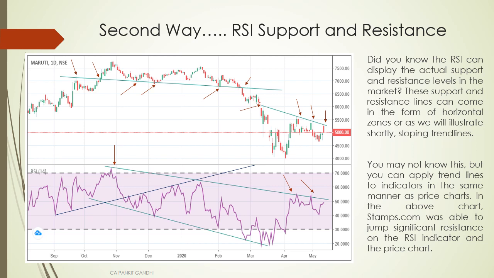It again came to the resistance in the month of January 2020, and you can see again the Maruti stock started to fall from 7,500 levels down to 6,500. This way you can trade RSI support and resistance levels and earn from it.